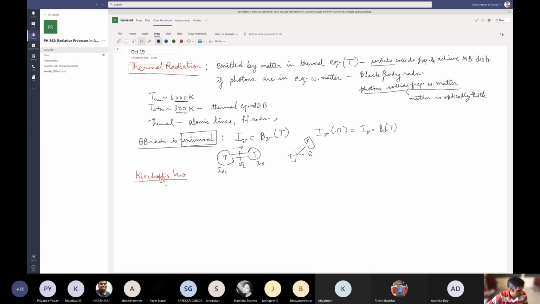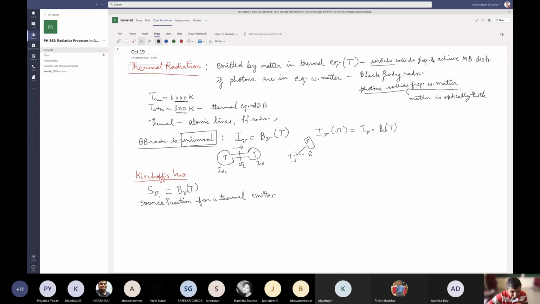Kirchoff's law basically says that S nu, the source function in our radiative transfer, for a thermal emitter is equal to B nu T. A thermal emitter is an emitter in which matter is in thermal equilibrium.